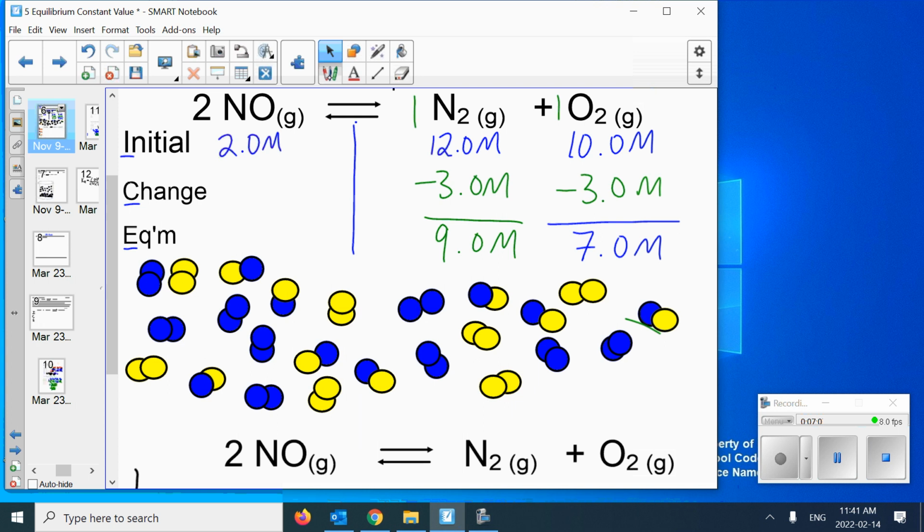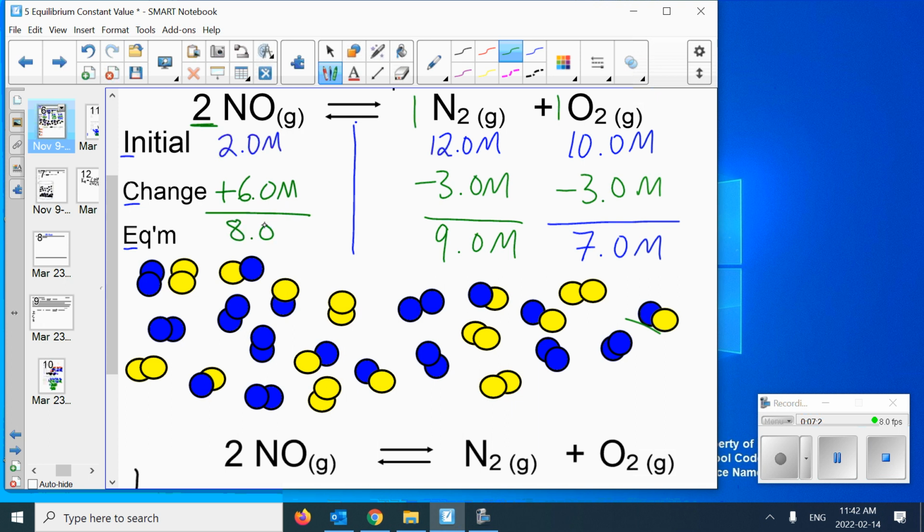And the balance number on the left-hand side is 2. It's a 2-to-1 ratio. So it changes twice as much, so it should go up by 6. The arithmetic tells me 2 plus 6 is 8. And that is what we had, molecules, right? Now, I did this by individual molecules, but we're actually talking moles per liter. But the math remains the same. Okay?